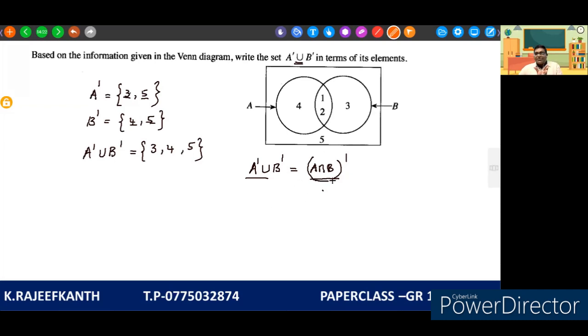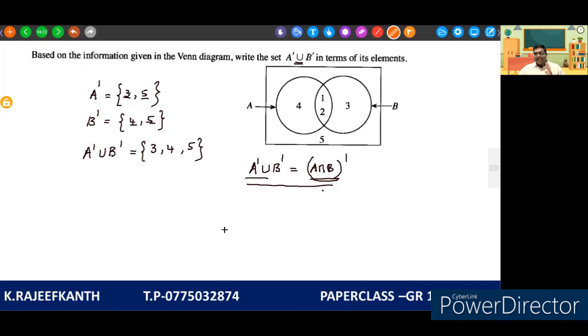Right? Now you think that A intersection B is 1 and 2. Then A intersection B whole thing dash, we can't take the elements 1 and 2 only. So we have to write 3, 4 and 5. Right? This is the law in sets.